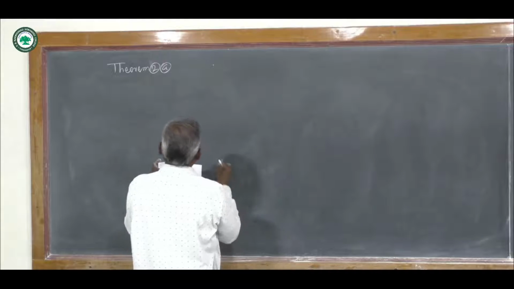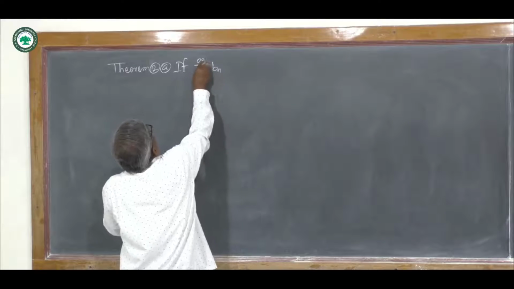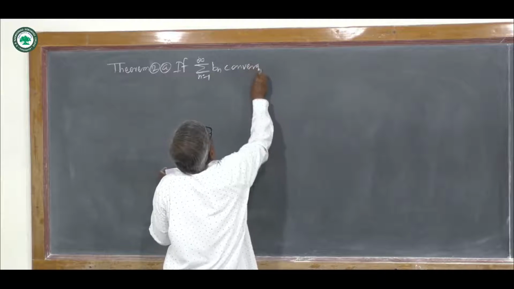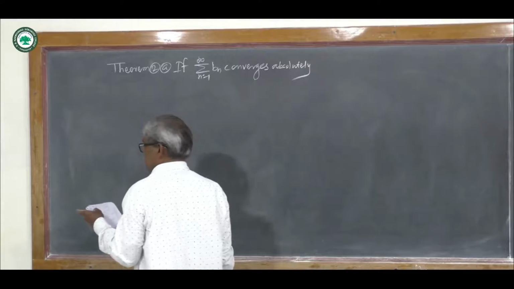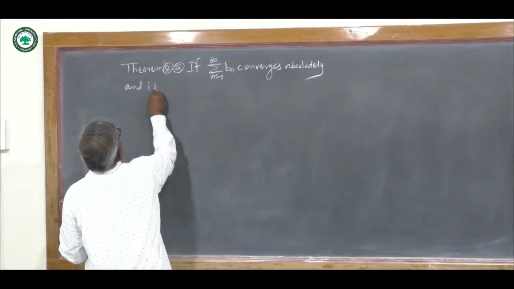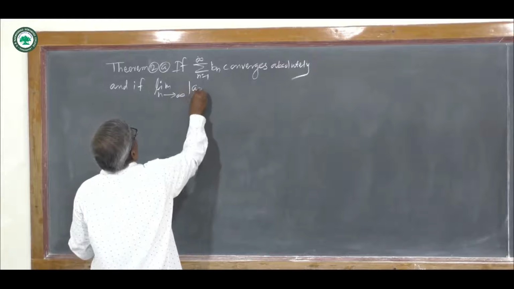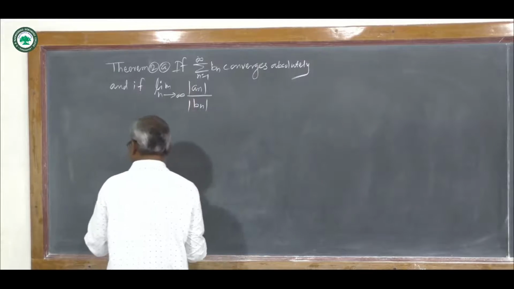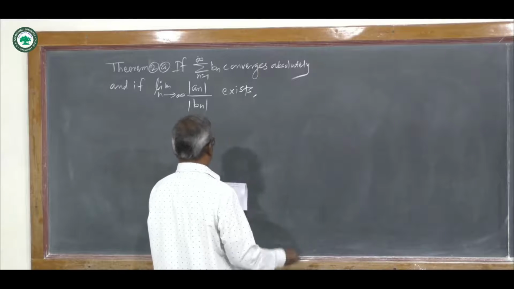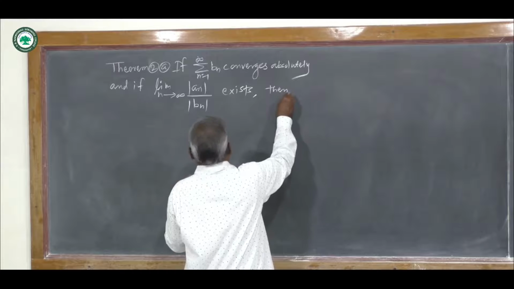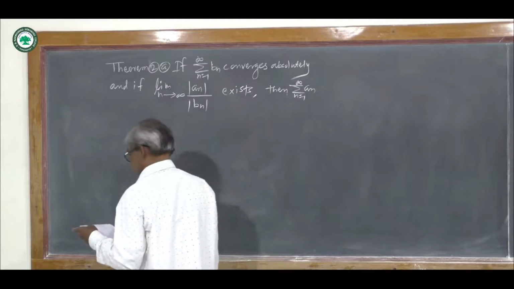If sigma Bn, n is equal to 1 to infinity, converges absolutely, and if limit n tends to infinity of mod of An upon mod of Bn exists, then sigma An, n is equal to 1 to infinity, converges absolutely.